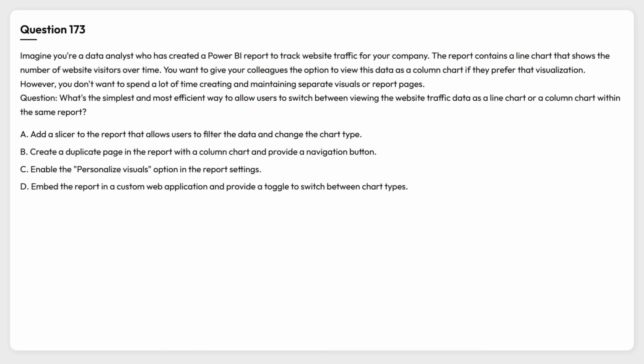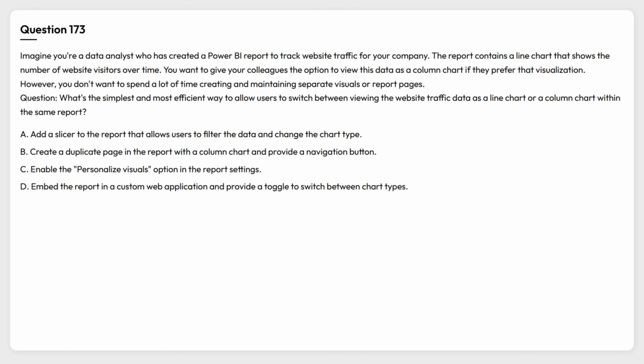However, you don't want to spend a lot of time creating and maintaining separate visuals or report pages. Question: what's the simplest and most efficient way to allow users to switch between viewing the website traffic data as a line chart or a column chart within the same report?